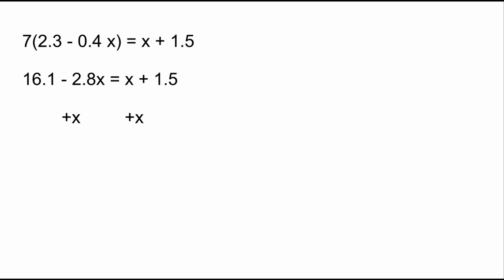Oops, that should be a minus x. This is a little mistake here. You see how this is a positive x? So if I wanted to get rid of it, I should say minus x, and this would be a negative 3.8. So I'm not going to keep going on this one because this has a mistake in it. I want you to solve this one by yourself. Oopsie whoopsies.